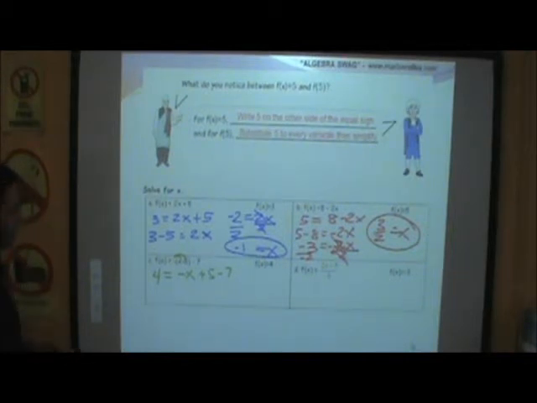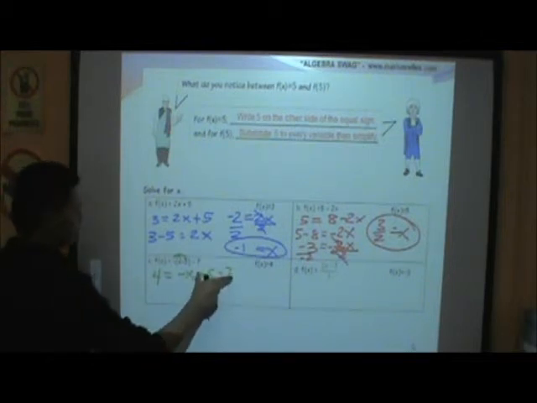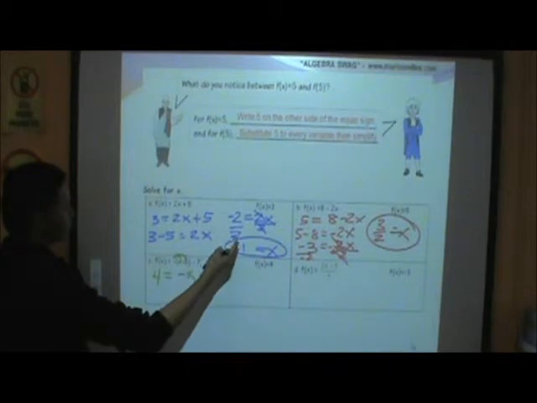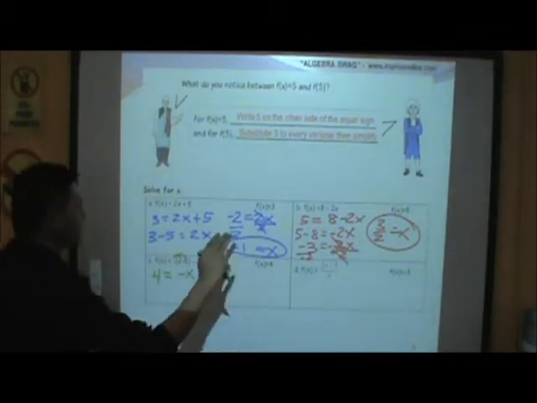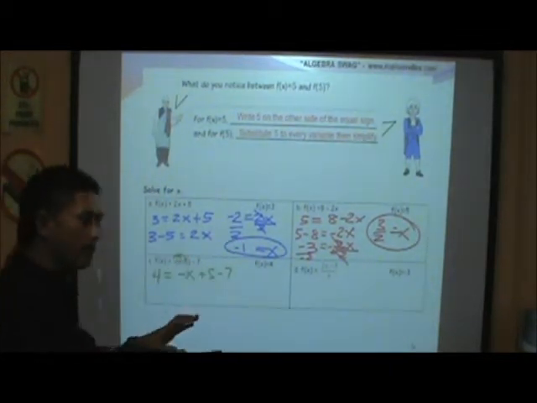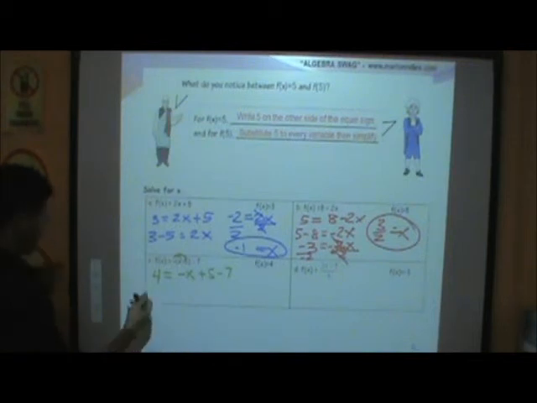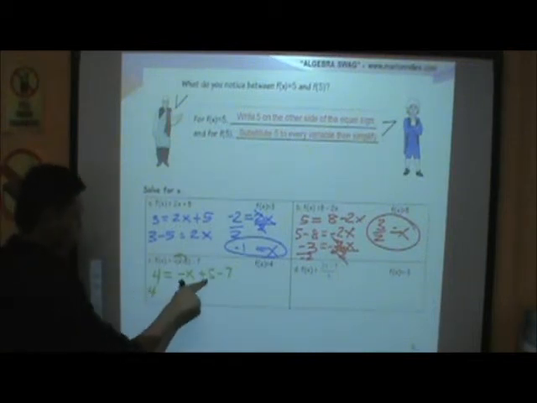Again, we want to have x alone. Here, what we did was we had the x on the right side. That's fine. You want to have x on the right side, and make sure that the constants, the numbers alone, are going to be on the other side. 5 plus 5, I'm going to make it minus 5.